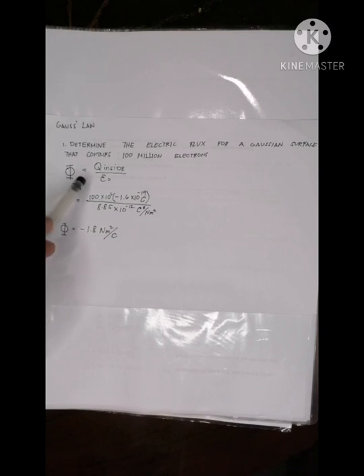So ang hinahanap natin dito ay ang total electric flux. So sa pagkuha ng ating electric flux, meron tayong formula na: the electric flux is equal to the total charge inside our Gaussian surface over our constant epsilon naught.